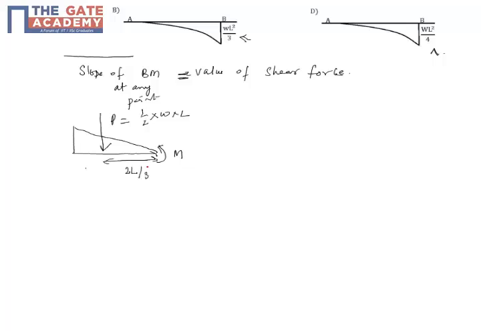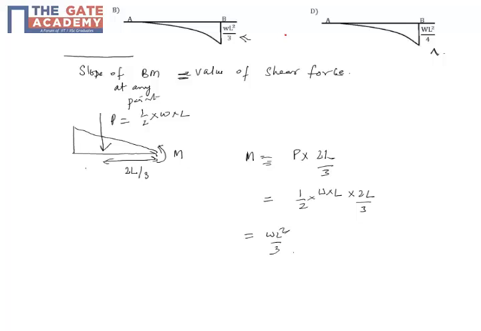So this bending moment M equals P into 2L by 3, which is half W into L into 2L by 3, so it is WL square by 3.